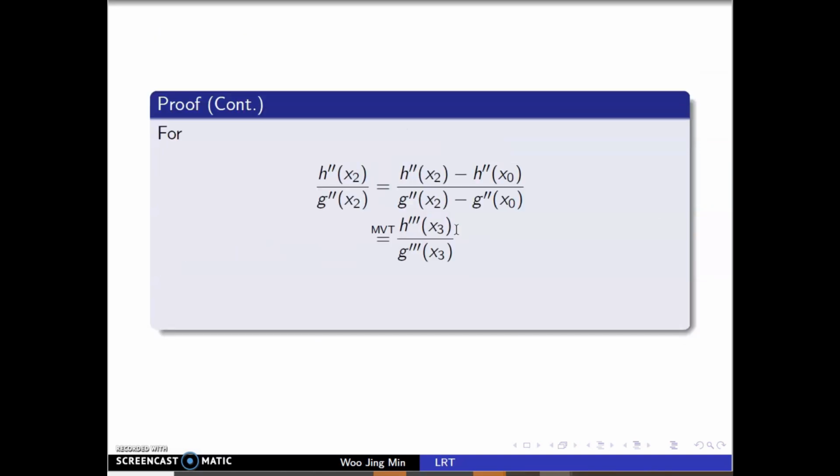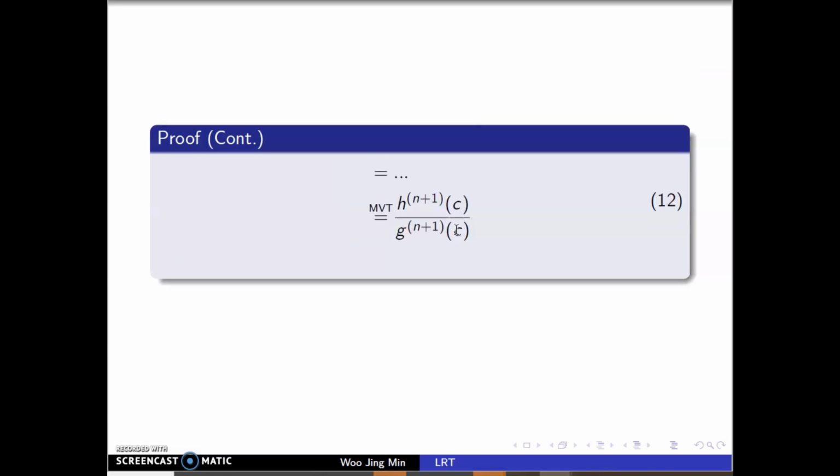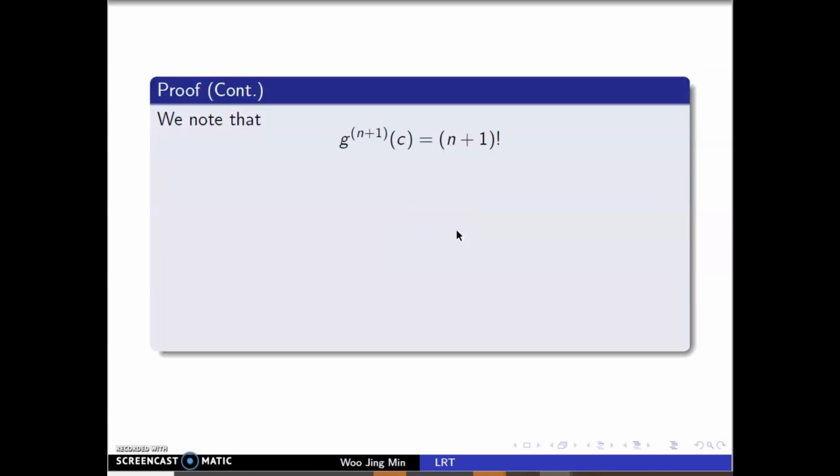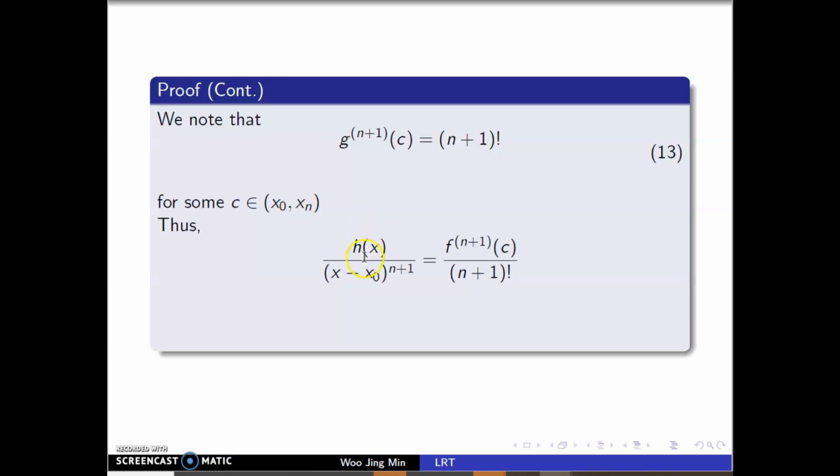So then, and this is for some c that is in x0 to xn, we can conclude that h divided by (x minus x0) to the power of n plus 1 equals the n plus 1 derivative of f at c divided by n plus 1 factorial.